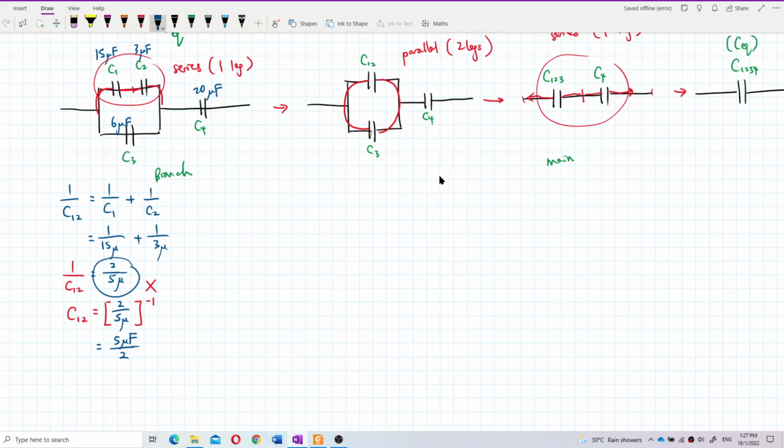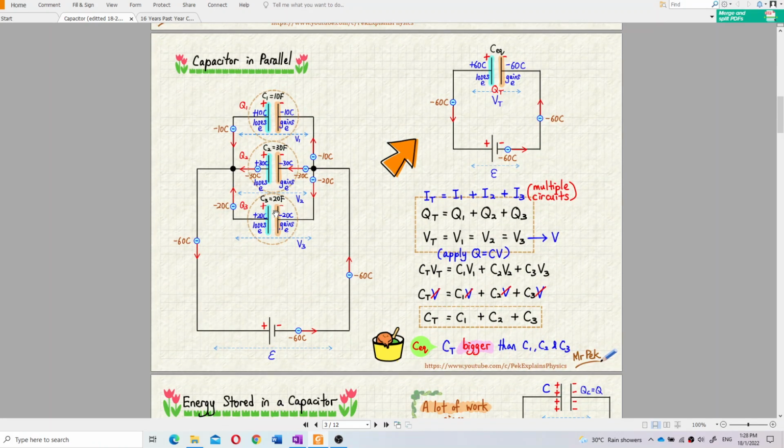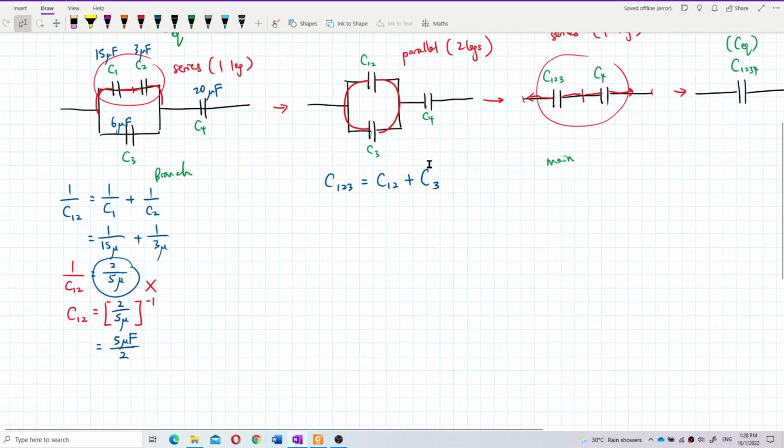So C1 and C2 after combining is 5 over 2 microfarad, plus C3.